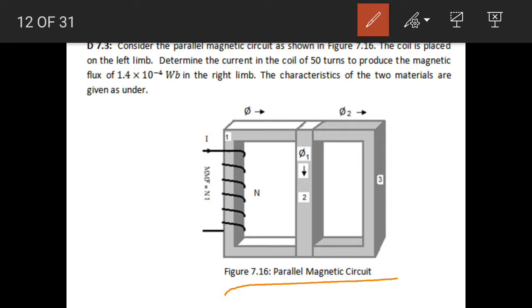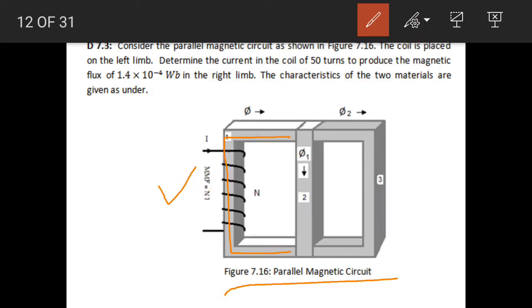The coil is placed on the left limb of this magnetic circuit. You see here is the left limb, and the coil of n number of turns is placed on this left limb.